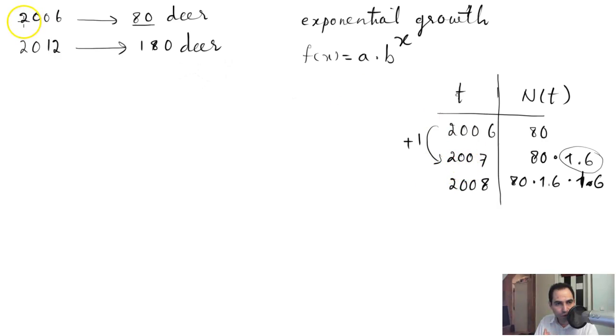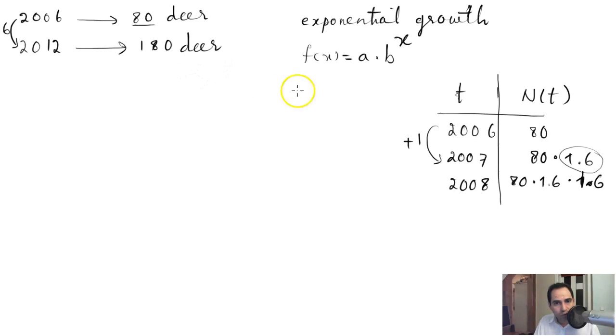But here I don't know what's going on in between, because in 2006 it's 80, in 2012 it's 180. So 6 years have passed, and during these 6 years the population has grown from 80 to 180, but there is no way to know what was happening in between.